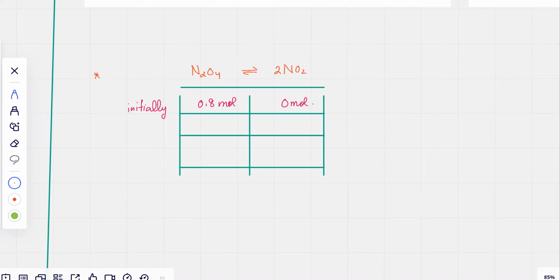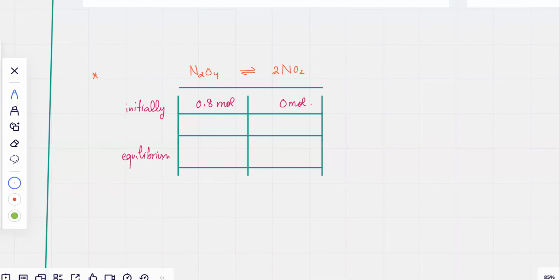And when they opened the container at equilibrium, they found out that there was 0.3 moles of NO2 present. So what does that mean? It means that at the start you didn't have any NO2, but now you have 0.3 moles of NO2.